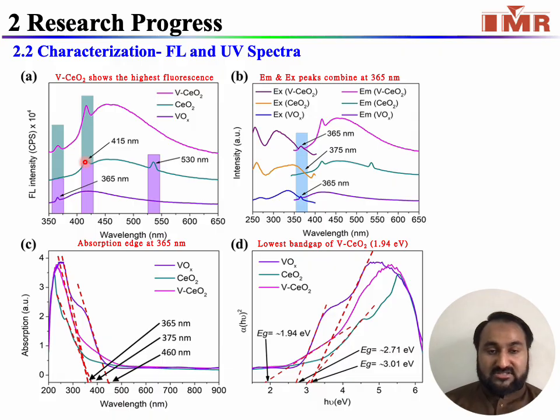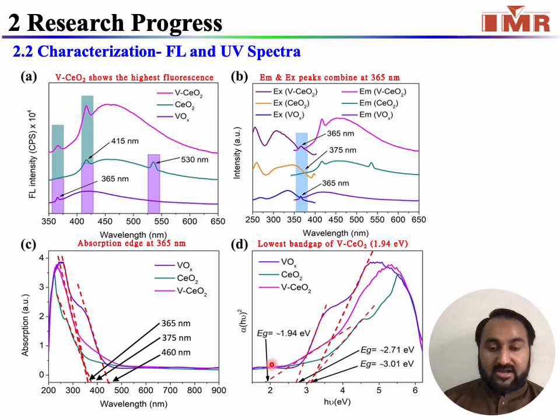So we can use 365 nanometer light to trigger our reaction. And this is the UV spectrum. In this UV spectrum, we can also confirm that the band edge of VCeO2 is at 365 nanometers, so we can use 365 nanometer light to trigger our reaction.